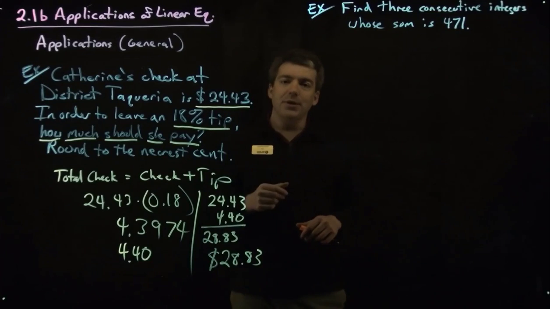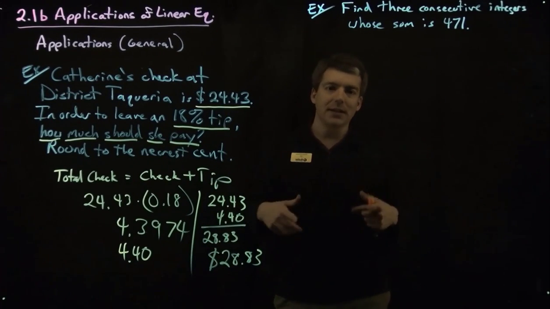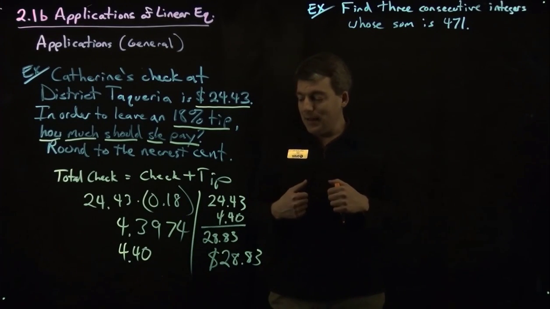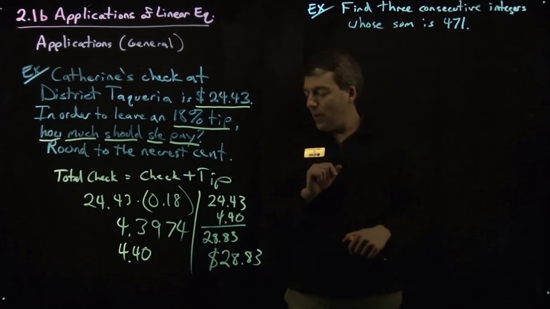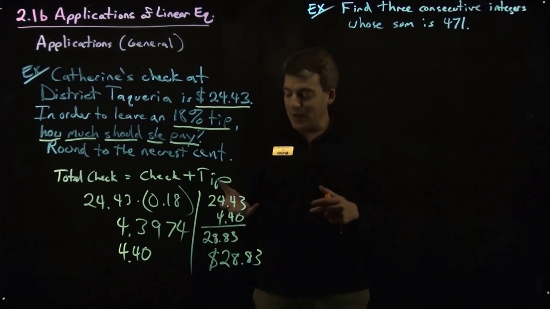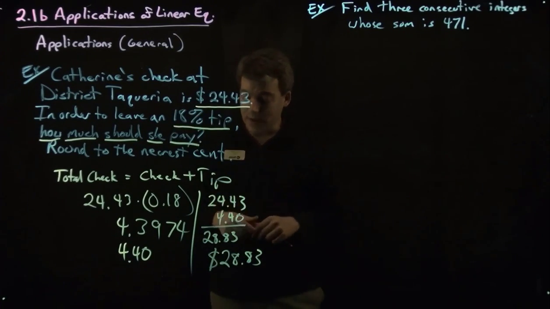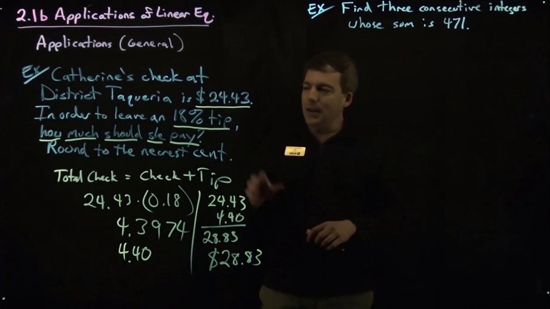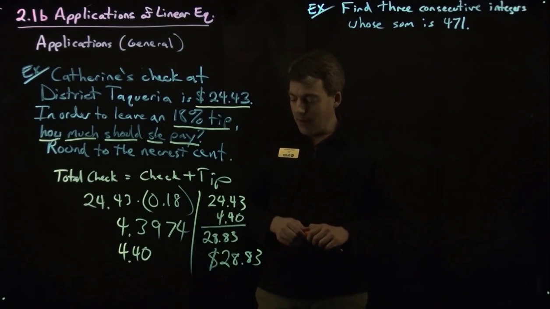Now we want an 18% tip, so we'll just double that 10%. So that's going to be $2.40 times 2, or $4.80. And so that's right about where we have here. We've got $4.40. $4.80 is a little bit more than that because, of course, we're calculating 20% instead of 18%. So that gives you a way to calculate very quickly the tip that you want to give.